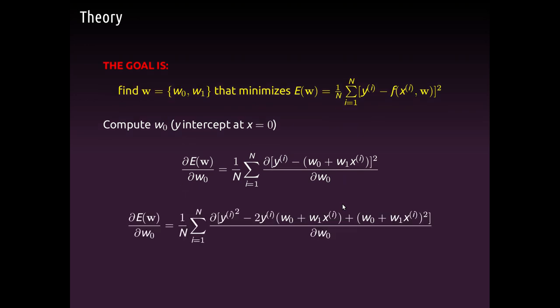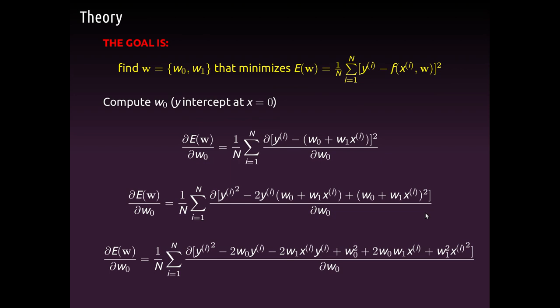So first of all, we want to resolve this square bracket. So here we will have y super i squared, minus 2 multiplied by y super i multiplied by this small component, plus w0 plus w1 x super i, all squared. So we will simplify it once again.